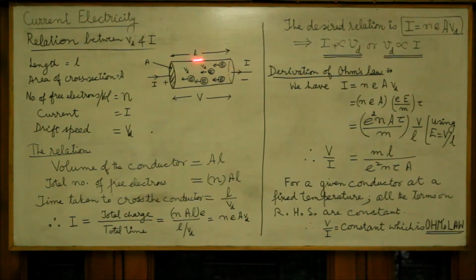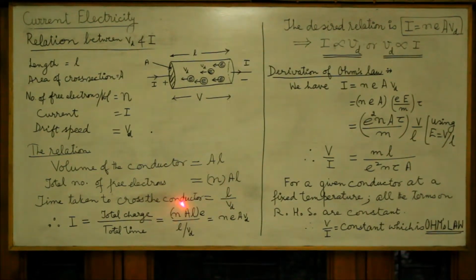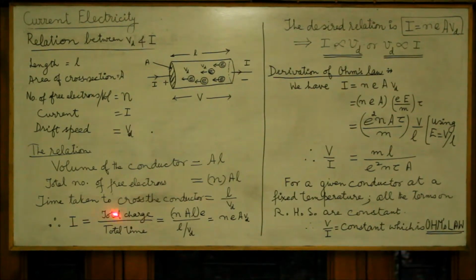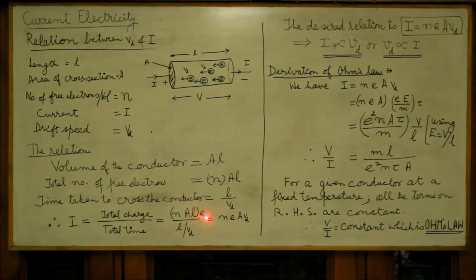As L is the length to be covered by the electrons with a speed Vd, the time taken by the electrons to cross the conductor will be the distance L divided by the speed Vd. So current I is total charge divided by the total time, that is, nALe.